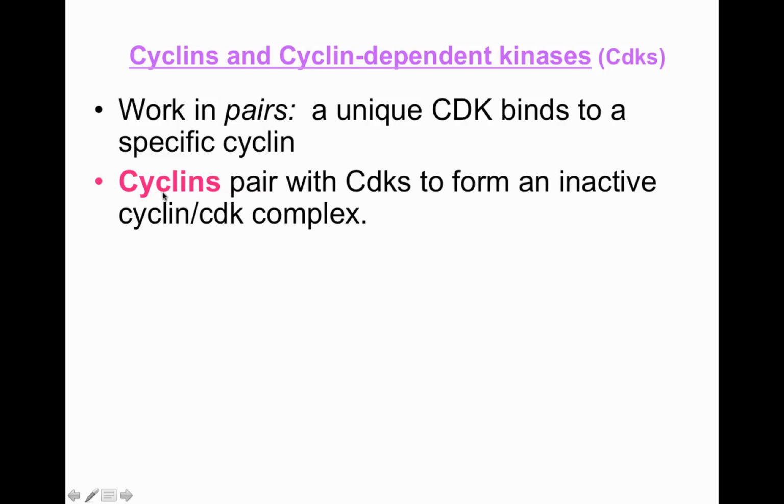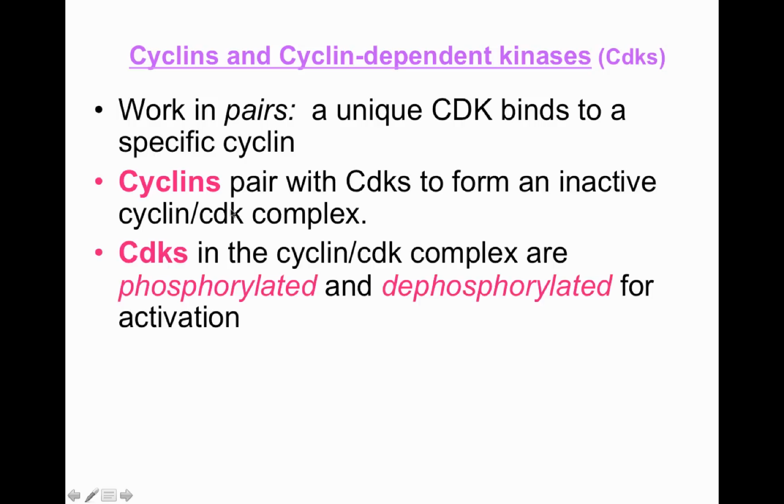Now, you're going to have a cyclin that is going to pair with only one CDK, and that forms an inactive cyclin-CDK complex. Now, the cyclin-dependent kinases in that cyclin-CDK complex are going to be phosphorylated in certain residues, and afterwards dephosphorylated in other amino acids, and once that process happens, that is going to induce activation.